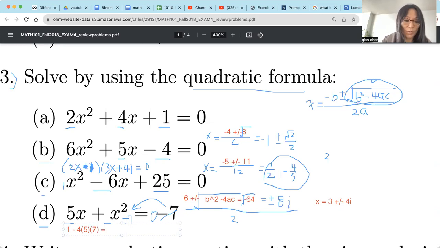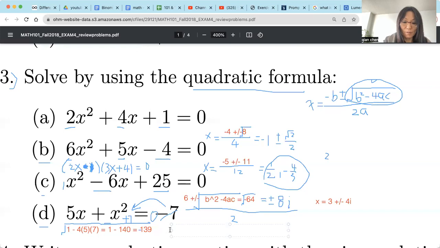So 1 minus 4 times 5, 20, 20 times 7, 140. 1 minus 140 equals negative 139. Because 1 minus 140 is negative, we get complex solutions again.